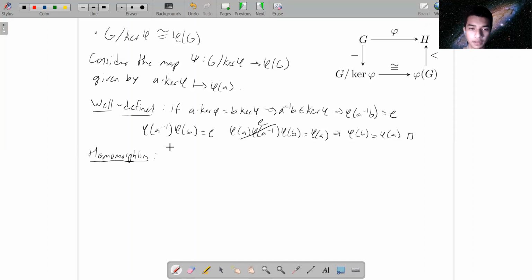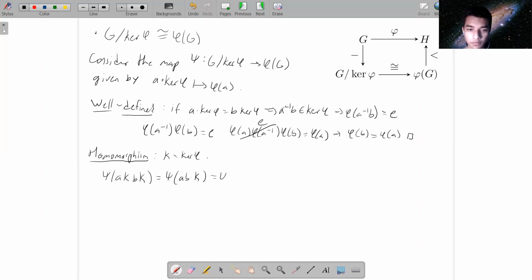And since I'm tired of writing kernel phi, I'll just let K equal kernel phi to abbreviate notation. Okay, so then psi of AK BK equals psi of ABK, since the kernel is a normal subgroup, we can do this.